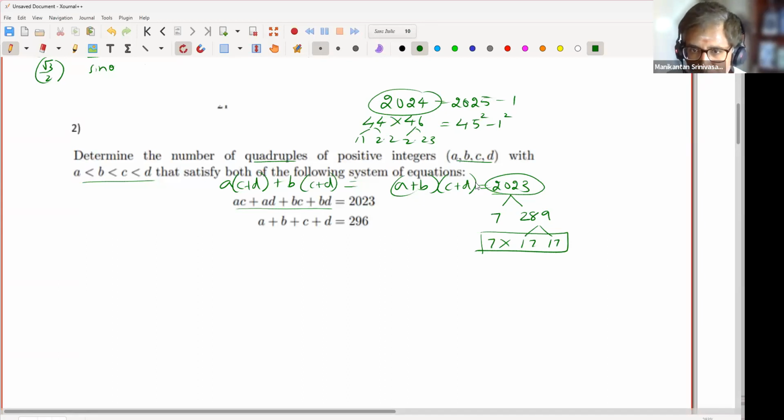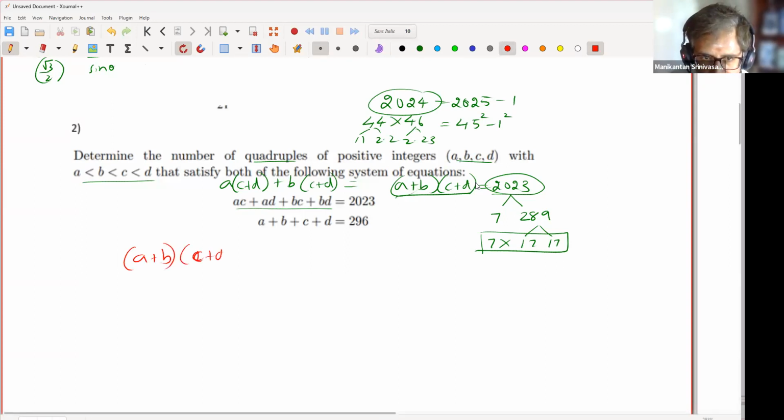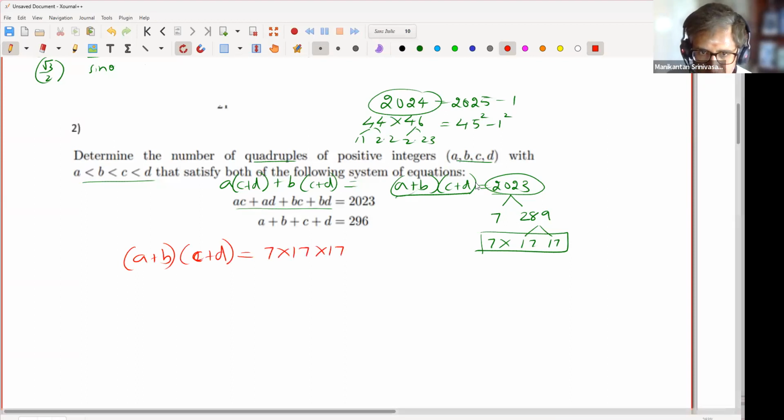So we have a product of two quantities, A plus B into C plus D, giving a product of 7 into 17 into 17, which is 2023. But the sum of these four quantities is 296.